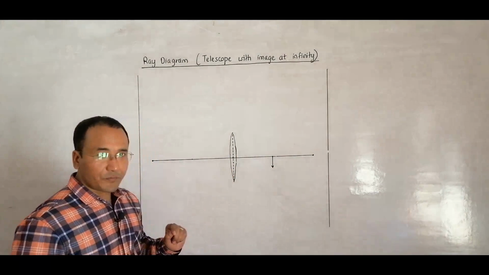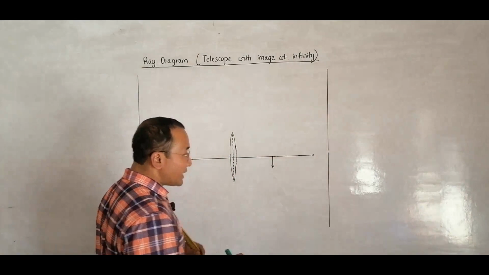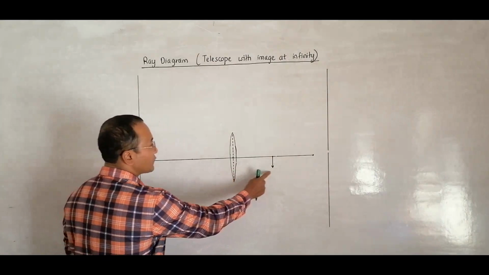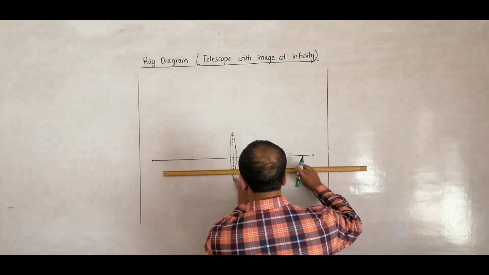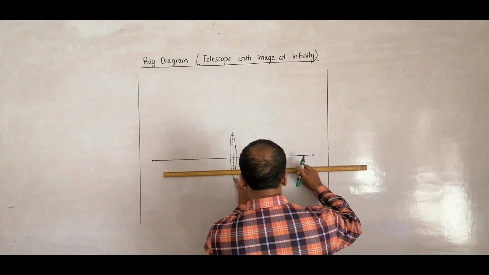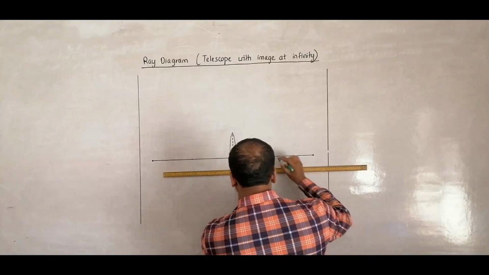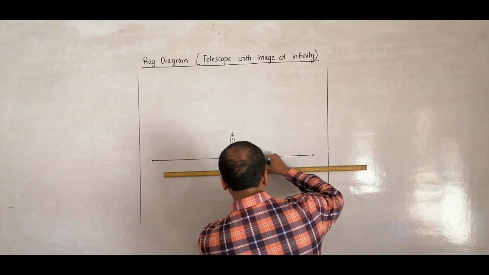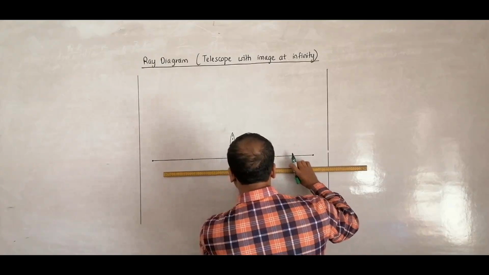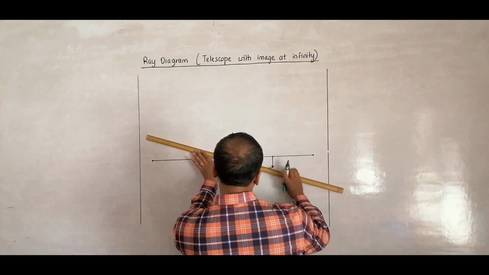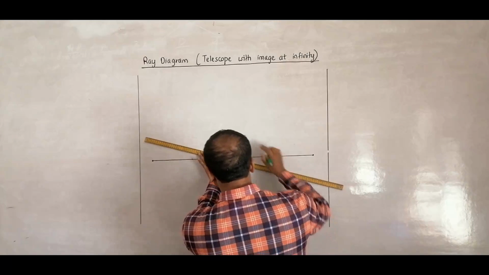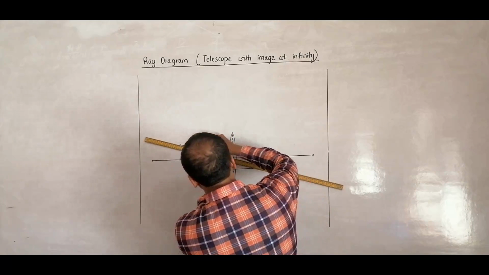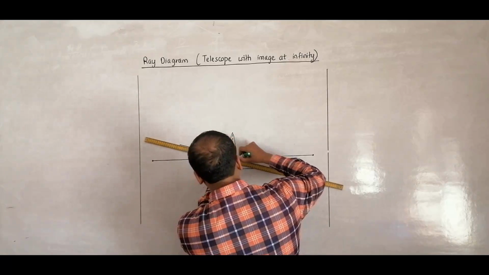From here, I will draw the rays which form this image. One line is coming parallel, actually it is coming parallel from here, and one line comes through the optical center like this, straight, without any deviation, because light rays passing through the optical center don't deviate.